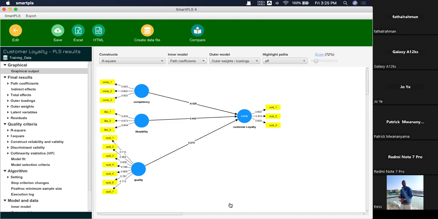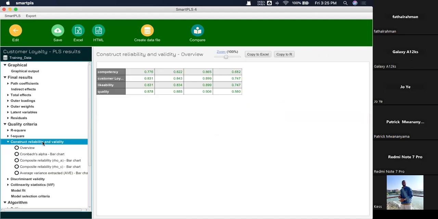Yes, good. It is very important for us to follow along, please. After deleting the indicator QUAL8 on quality, we rerun the analysis and have a new output without QUAL8.